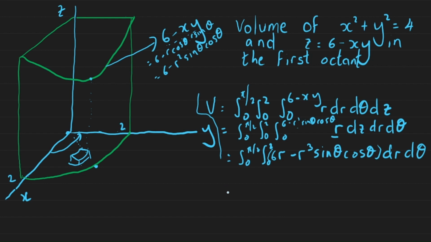So proceeding with this integration, and now integrating with respect to r, what we have is the integral from 0 to pi over 2. The integral of 6r is simply 3r squared minus 1 over 4 r to the power 4, sine theta cos theta.